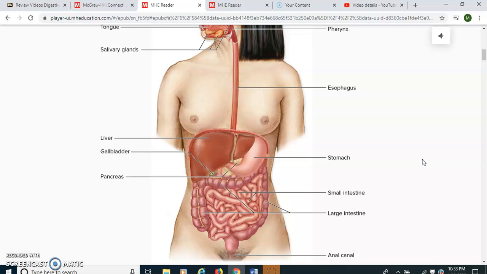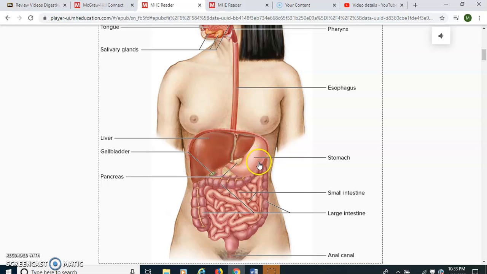And then it's in the stomach where that lingual lipase will start chemically digesting the lipids, or the triglycerides. And there's another enzyme called gastric lipase. Remember the chief cells produce the pepsinogen. The chief cells also produce this enzyme called gastric lipase.